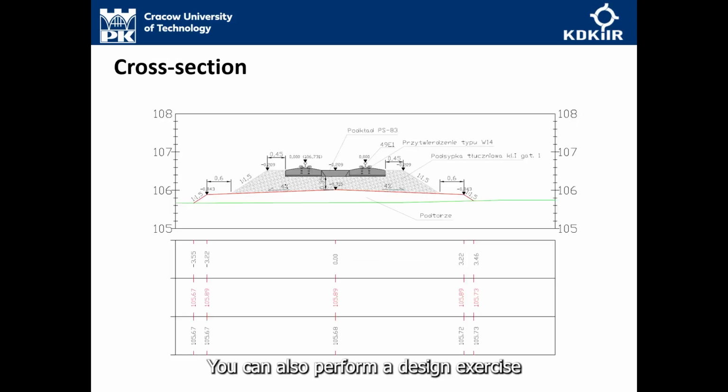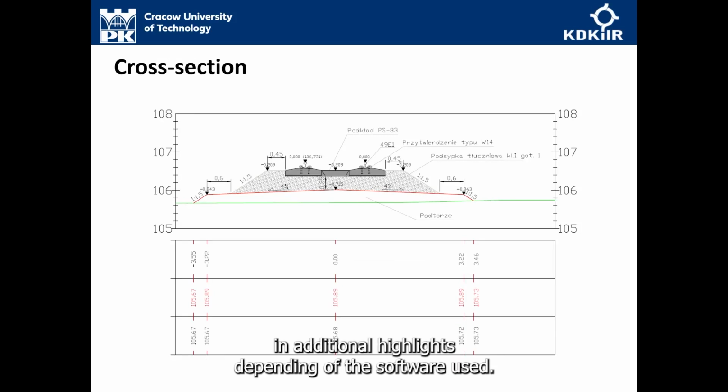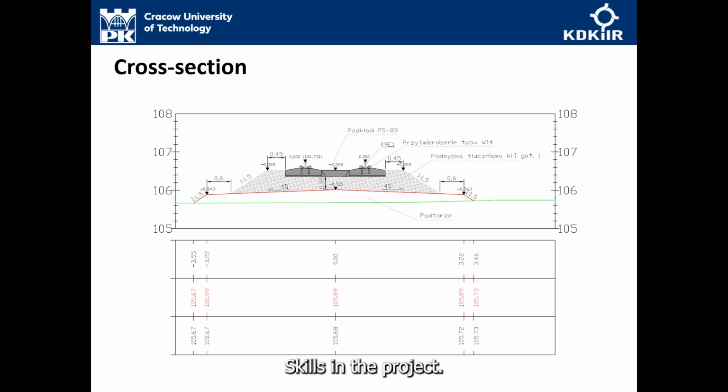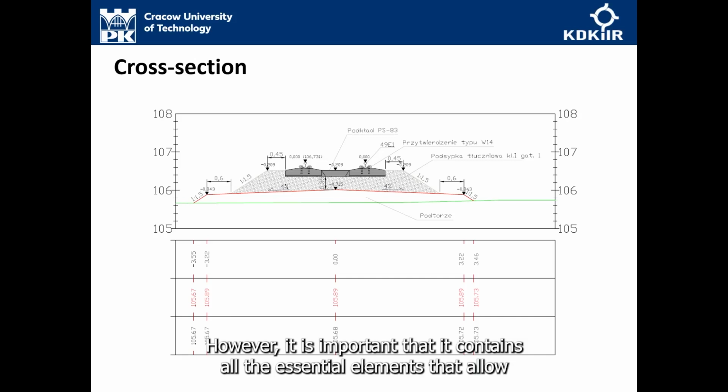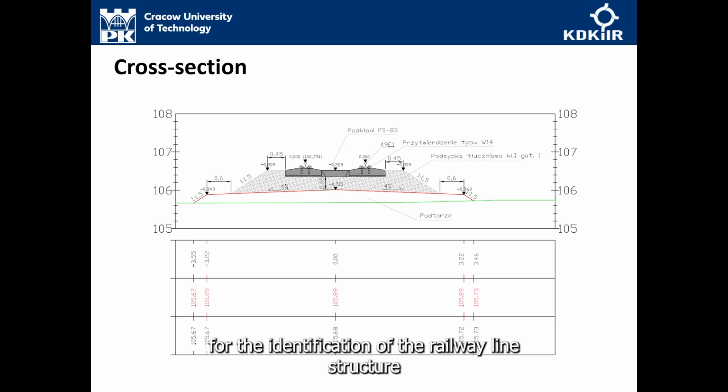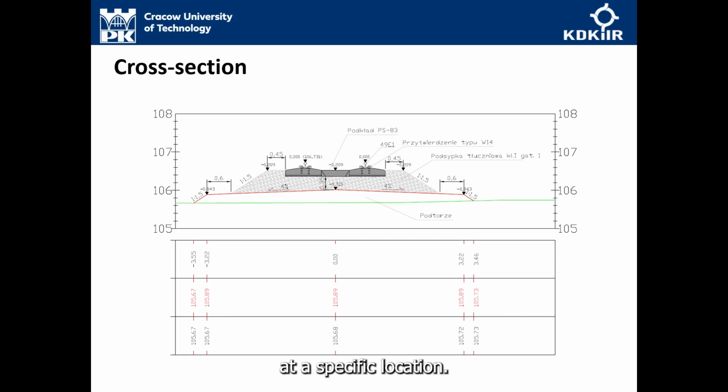You can also perform the design exercise in different ways. Depending on the software used, skills, and project detail, your cross-sections may look different. However, it is important that it contains all the essential elements that allow for the identification of the railway line structure at a specific location.